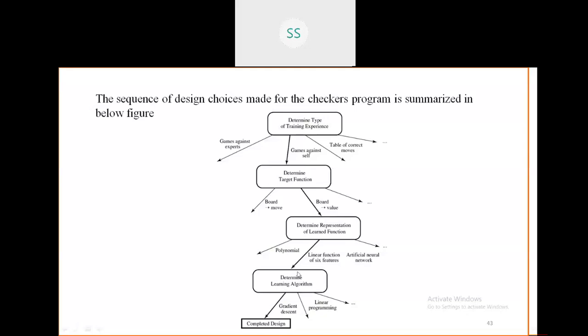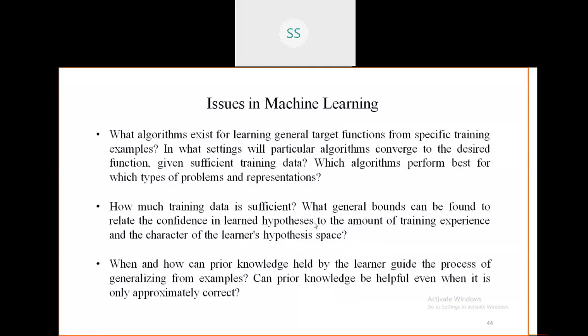So this is how we can make the design choices based on your experiments or your choice. And there are some issues we have seen in machine learning. What algorithms exist for learning general target functions from specific training examples?